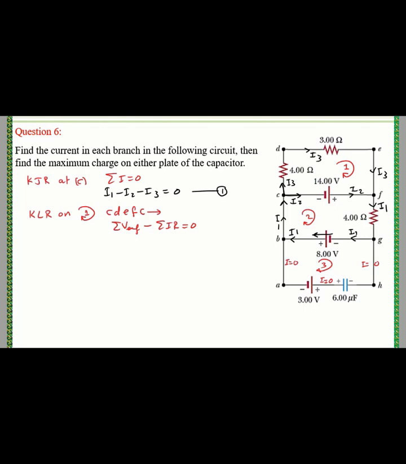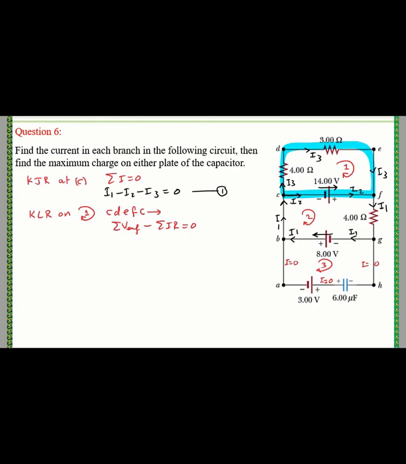Now if you go from C to D to F to C again, we have only one battery, which is 14 volt, and I'm going clockwise, but this battery is going from C to F, so it is against me.